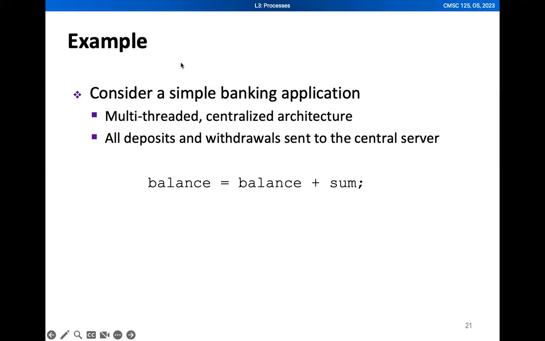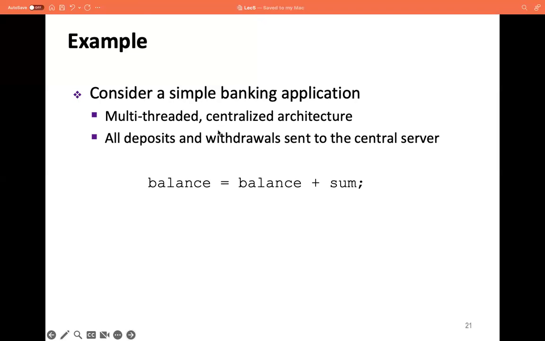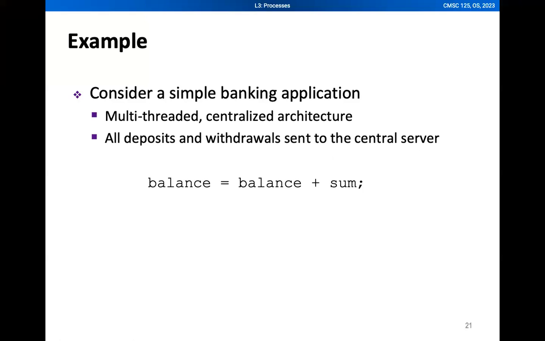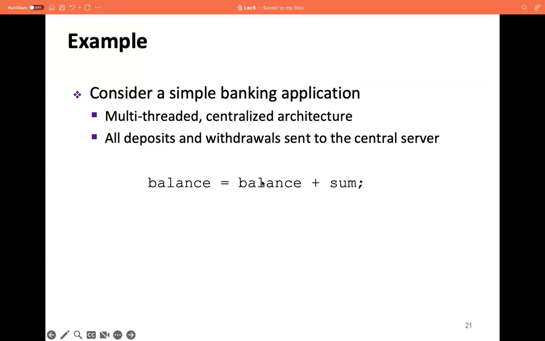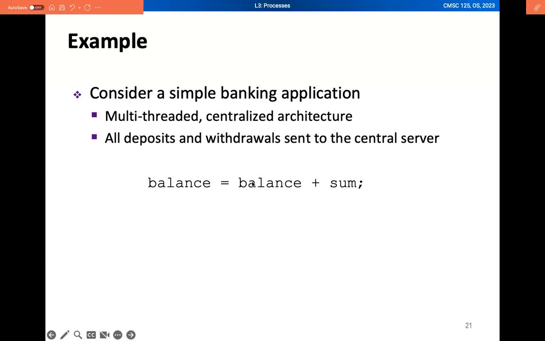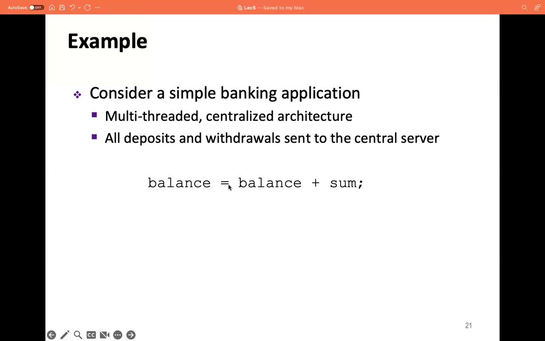Now, another example: consider a simple banking application. It is a multi-threaded, centralized architecture, and all the deposits and withdrawals are sent to the central server. Suppose that two people have access to the same account, and they both try to deposit in the same account.